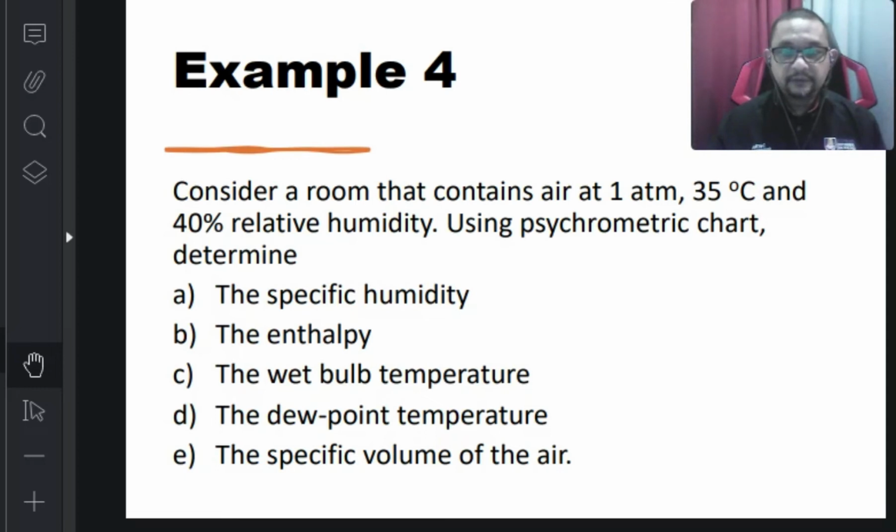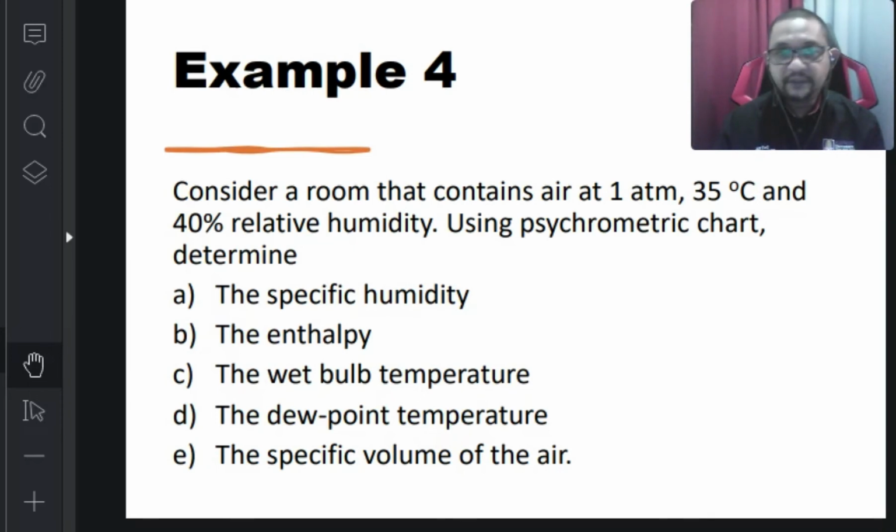When you want to solve these examples, firstly you look at what has been given. The relative humidity of the air in the room is given. So there are five parameters that you have to determine using a psychrometric chart.